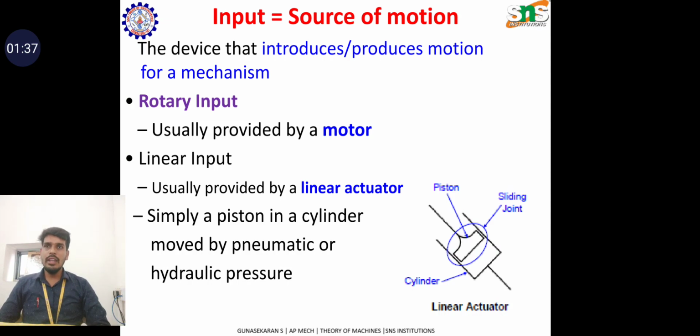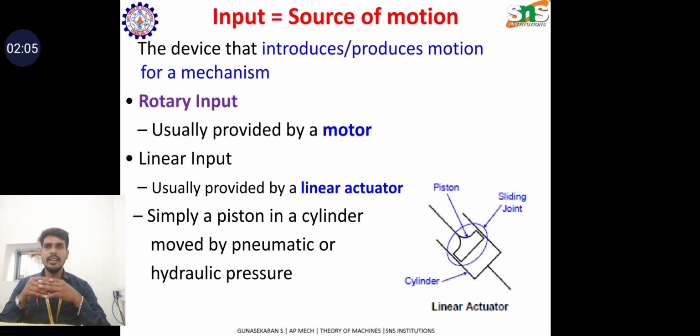Here, rotary input, as shown in the figure. Rotary motion is typically supplied by a motor, which generates continuous rotational movement to power mechanical components. Linear input means linear motion is provided by a linear actuator, such as a piston operating within a cylinder.